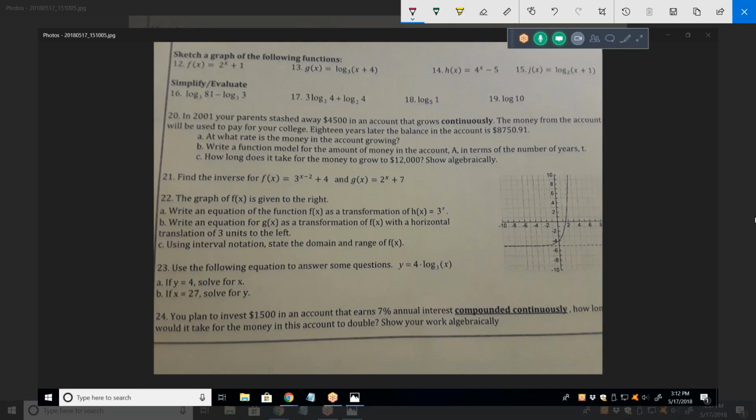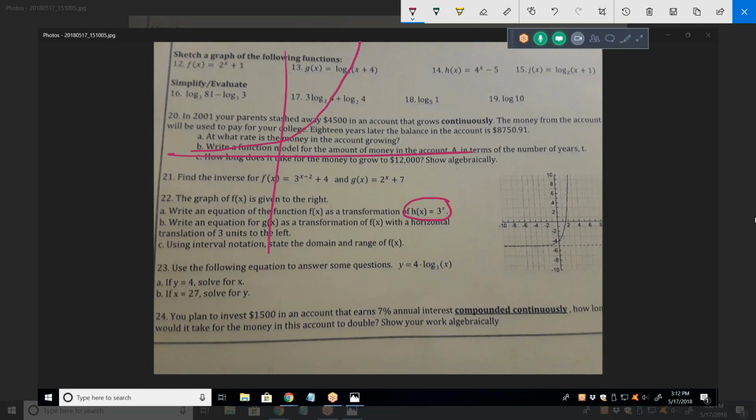And so they're telling us what the parent function is. What must this function be if the parent function is 3 to the x? First of all, let's graph the parent function. Parent function is going to look like this.